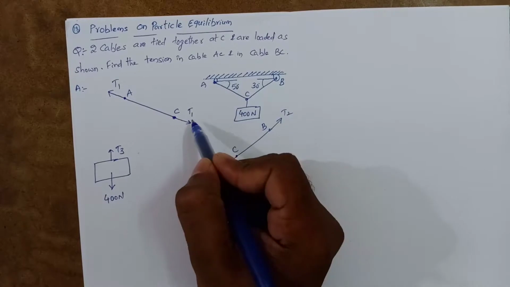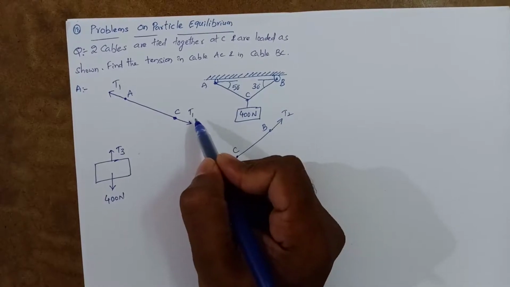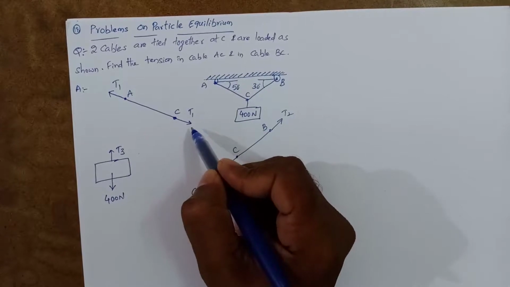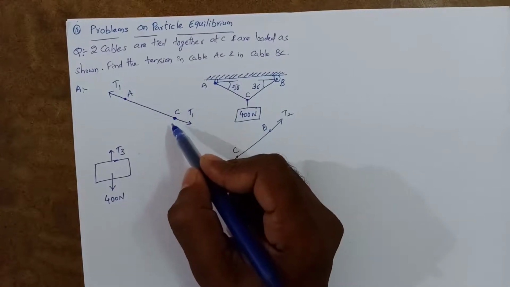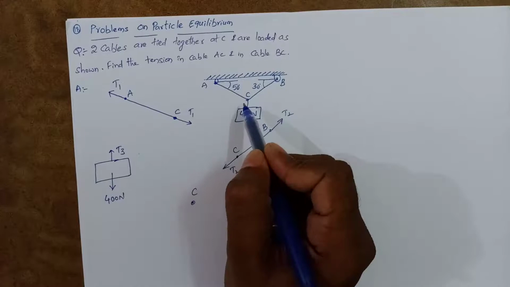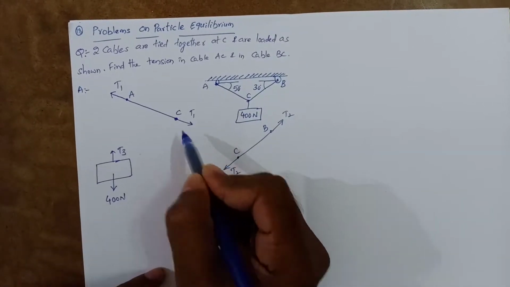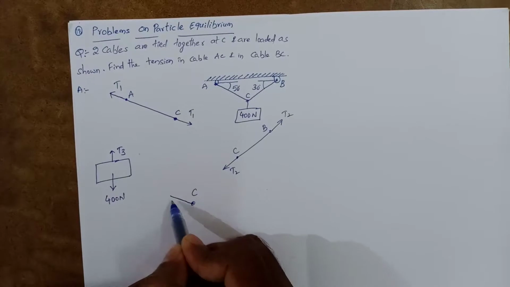So if T1 is the force exerted by the point C on AC in this direction, then AC cable will also exert the same force T1 on point C in the opposite direction. That implies if T1 is acting this direction, then here T1 will be this direction.